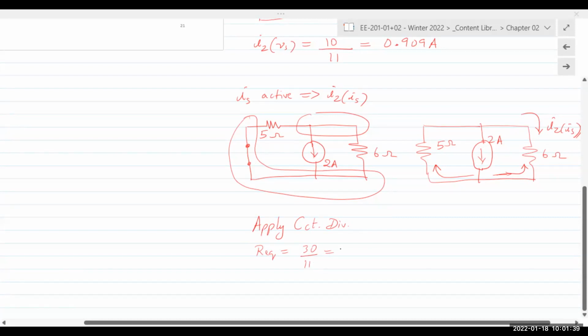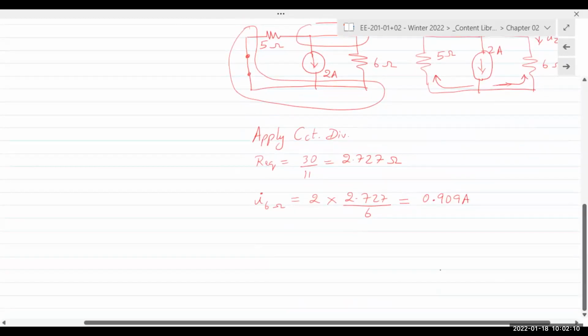It's going to be 2.727. And then I6 ohms is going to be 2 amps times REQ, which is 2.727, divided by 6. And this comes out to be 0.909 amps.